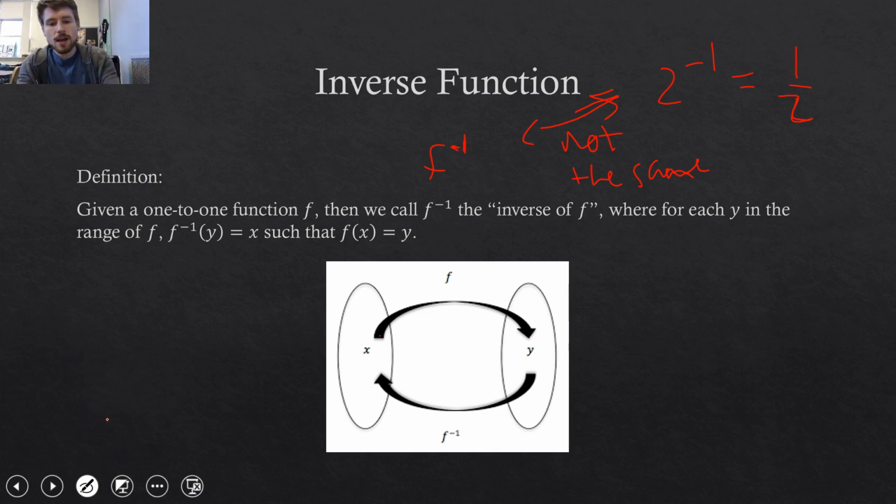If the function f takes this x and sends it to that y, so that's f in action, then the inverse function takes this y and sends it back to x where it came from. That is the inverse function's job: to undo what f did and give you what you started with.